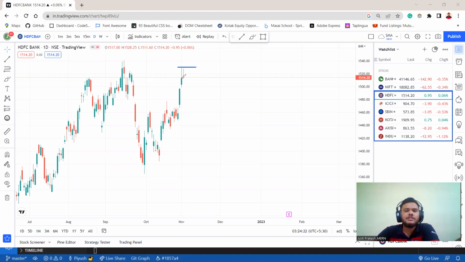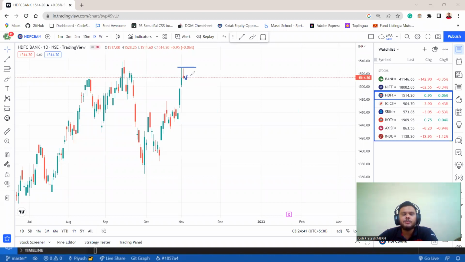I told you yesterday, if it opens flat or opens gap up and continues to go up, then you can set your target to 1530. You can see that the target was achieved, and after that it closed around 1515.